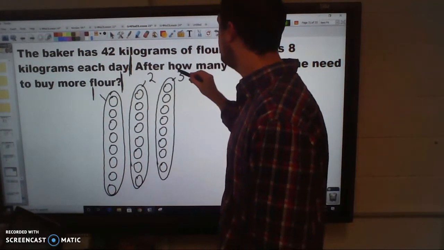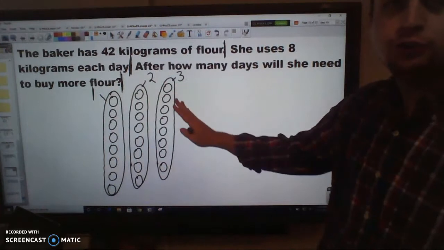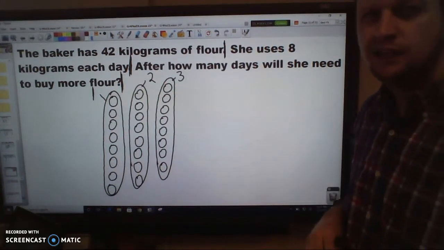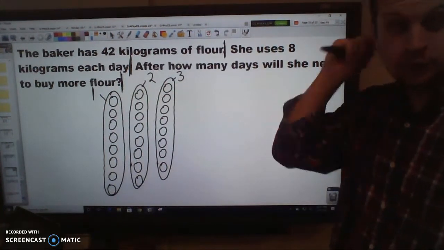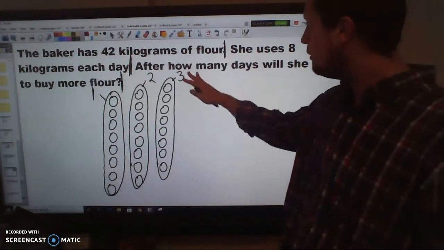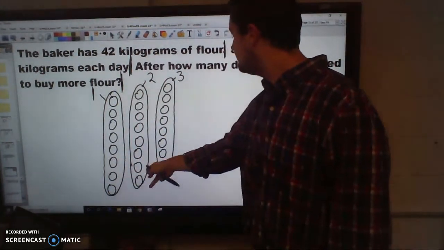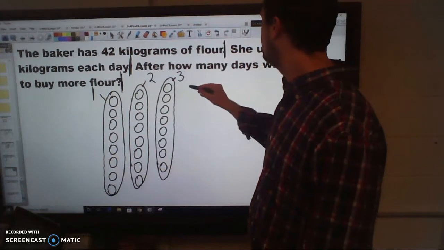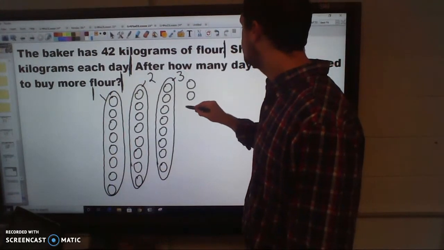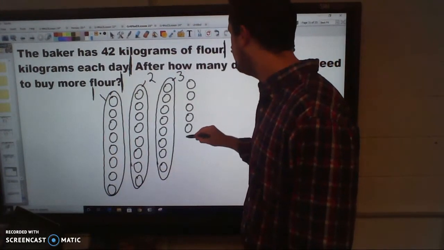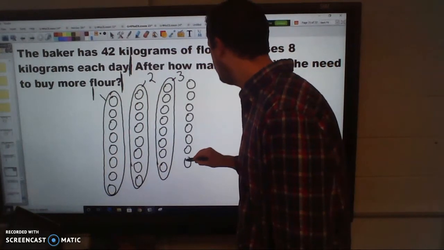So that's 3 days. So after 3 days, she's used 24 kilograms. Kind of makes me think about last week, practicing our multiples. It's pretty important that we know our multiples. 8, 16, 24, 25, 26, 27, 28, 29, 30, 31, 32.